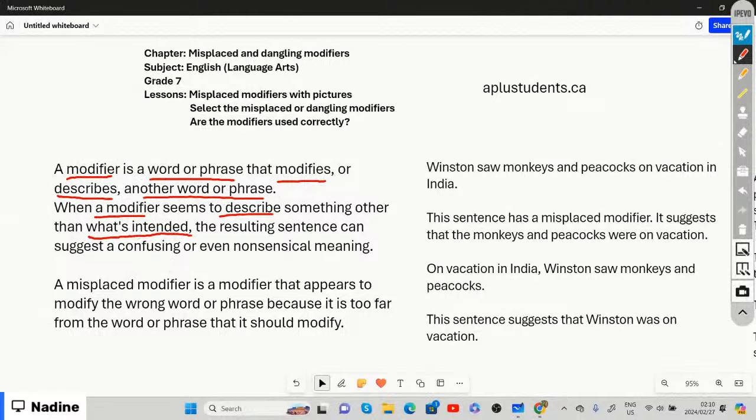Then the resulting sentence can be confusing or even nonsensical. It's not making sense at all, right? The sentence, like we would say, is not sentencing.